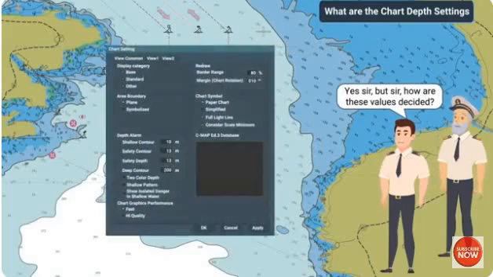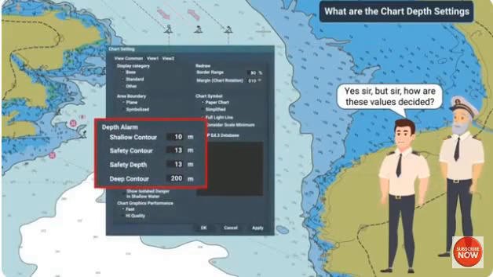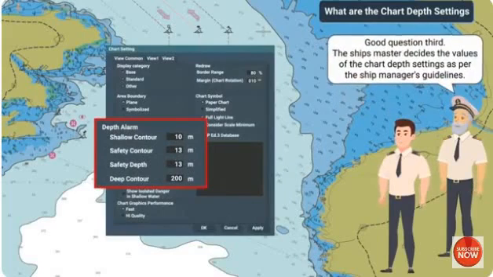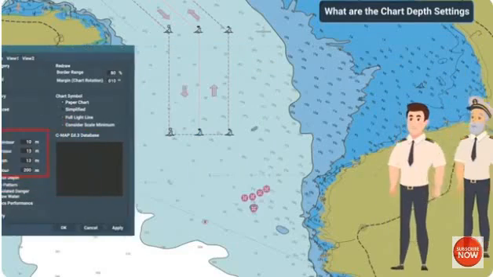Yes, sir. But, sir, how are these values decided? Good question, third. The ship's master decides the values of the chart depth settings as per the ship manager's guidelines.